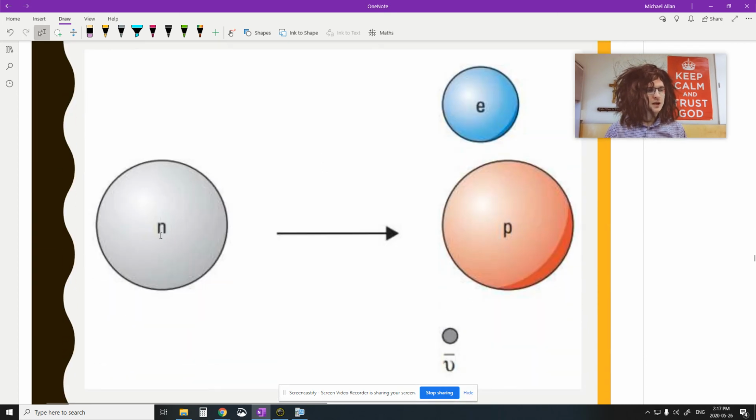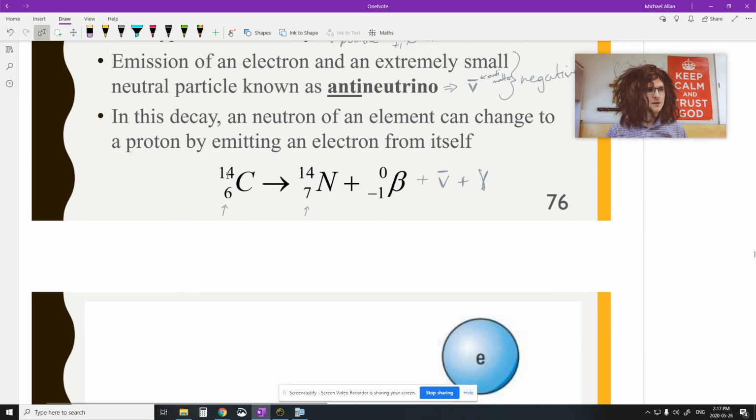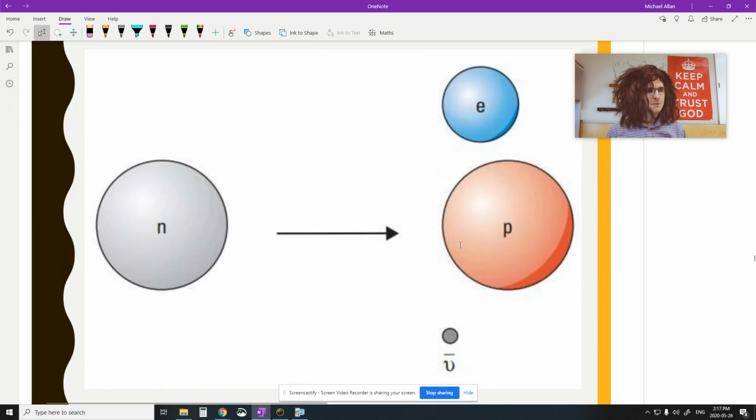A neutron, one of the nucleons in here, becomes a proton. So the nucleon count stays the same. A proton's a nucleon, a neutron is a nucleon. So when one changes to another, the nucleon count stays the same. But because a neutron changes to a proton, my proton count has to increase as well. So my proton count increases.